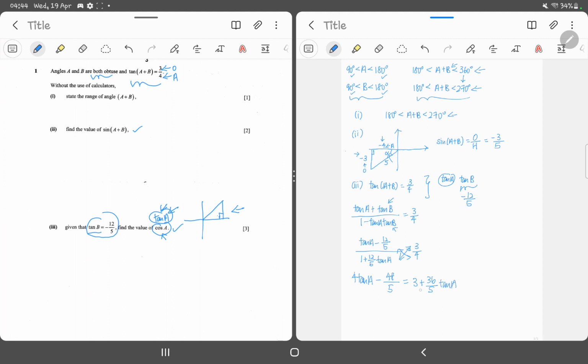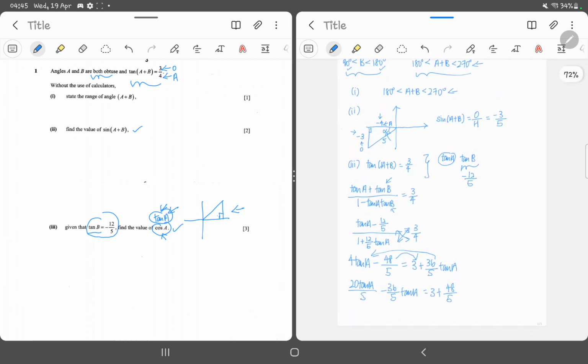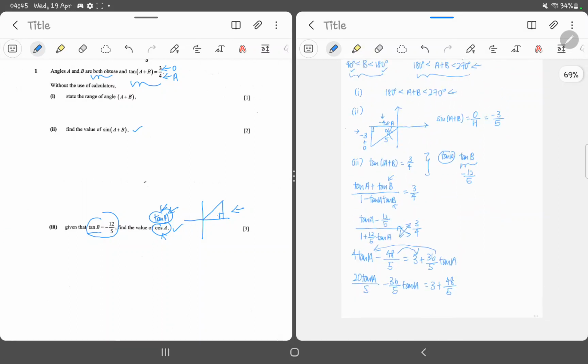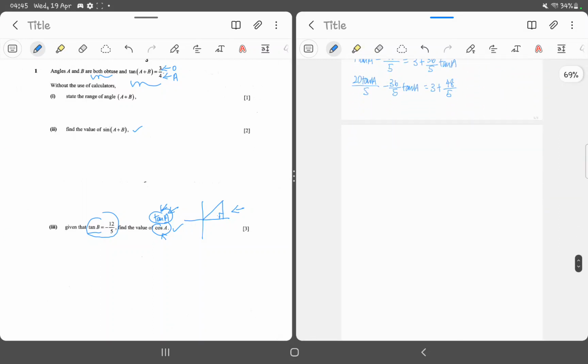Okay, now I'm going to bring this over to the left hand side. I get 20 tangent A over 5 minus 36 over 5 tangent A, and I'm going to bring this over to the right hand side. I get 3 plus 48 over 5. Yeah, that will be correct. And let's go to the next page.